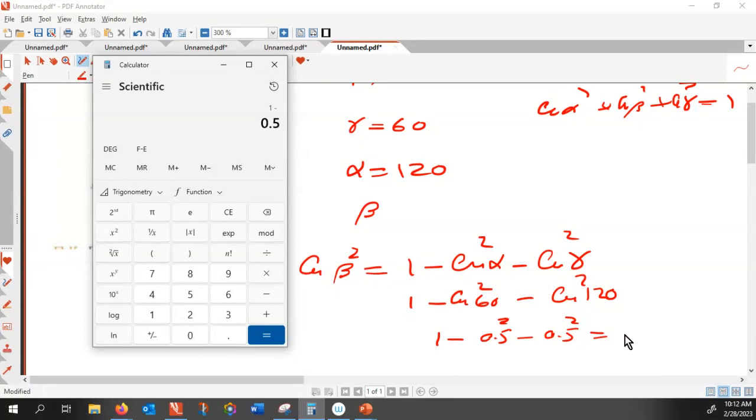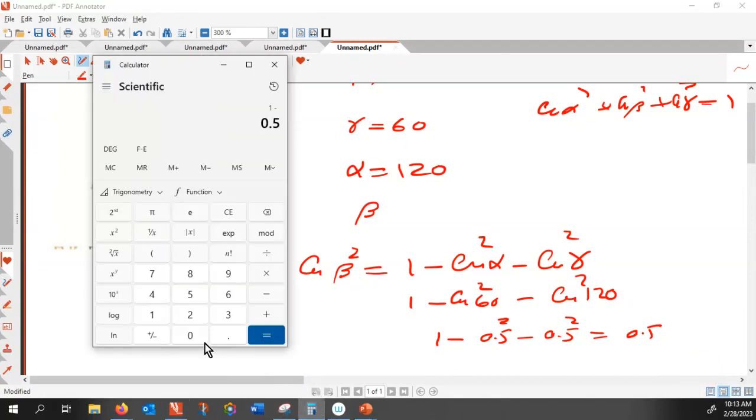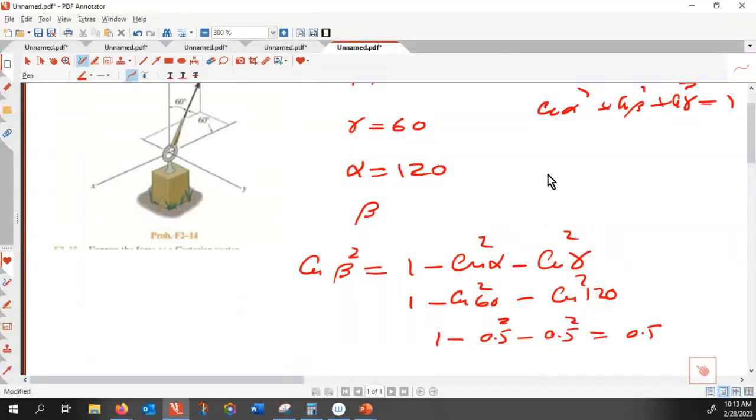So this is equal to half, and then I need to take the root of that one. So that's 45 degrees. So beta becomes 45 degrees.